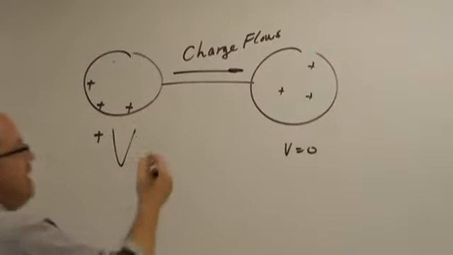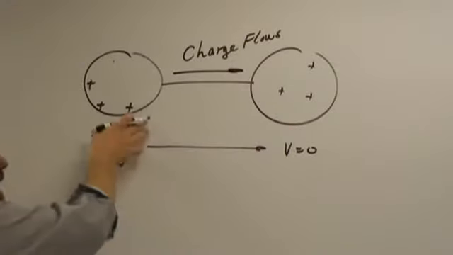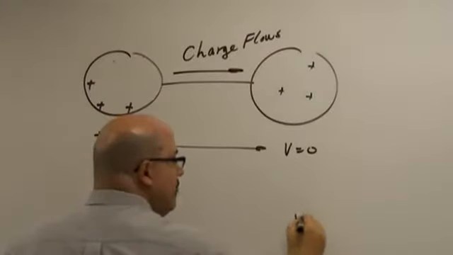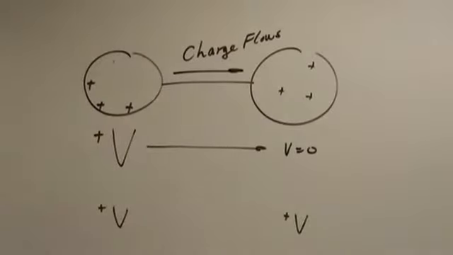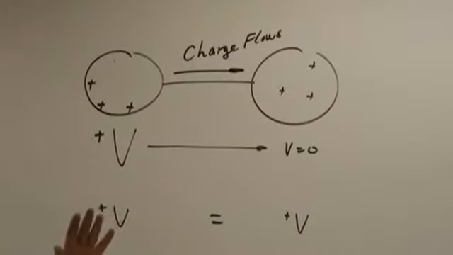Now this charge has flowed, emptying this of some of its potential and building this one up with potential. Once that potential is equal, charge stops flowing.